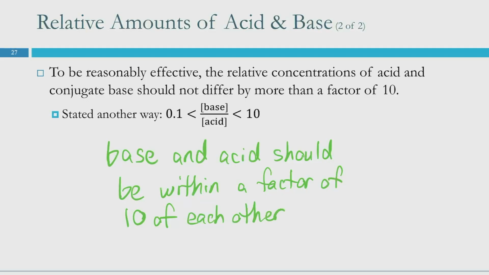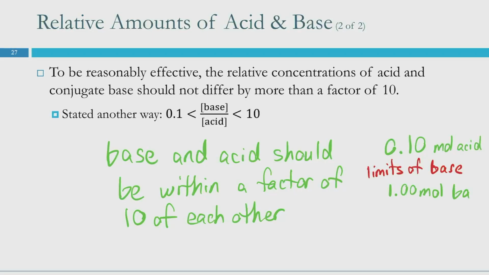So let's say that we've got 0.10 moles acid. Our limits for the amount of base that we could have to make this a reasonable buffer: 1 mole of base.